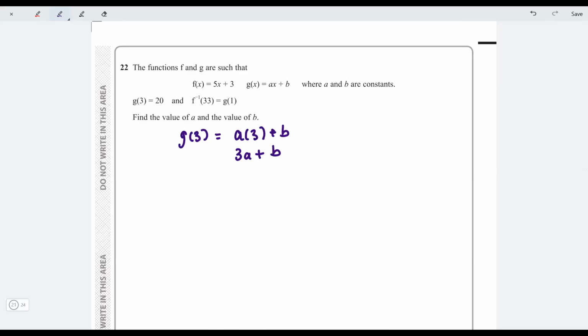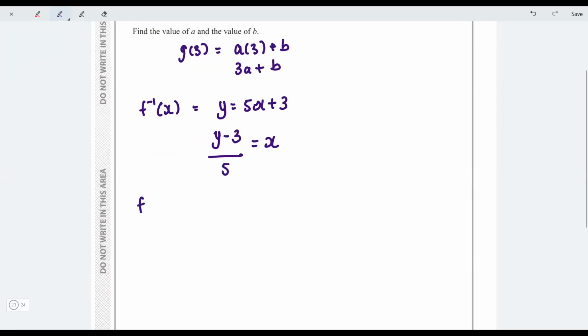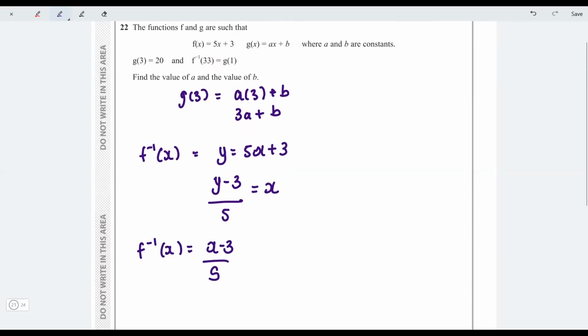Then I need to have the inverse function of f. y equals 5x plus 3. y take away 3 divided by 5 is x. So my inverse function is x minus 3 over 5. Does it tell me? Oh, it's 33.